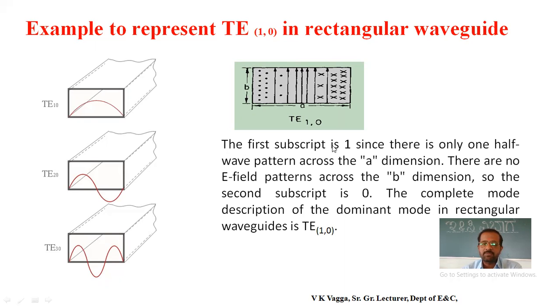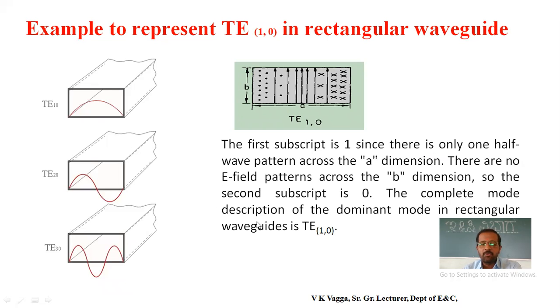So the first subscript is 1 here, since there is only one half wave pattern across the A dimension, which is indicated in the first diagram here. So the value of M is equal to 1 here. And as there is no half wave pattern across the B dimension, the second subscript is equal to 0.